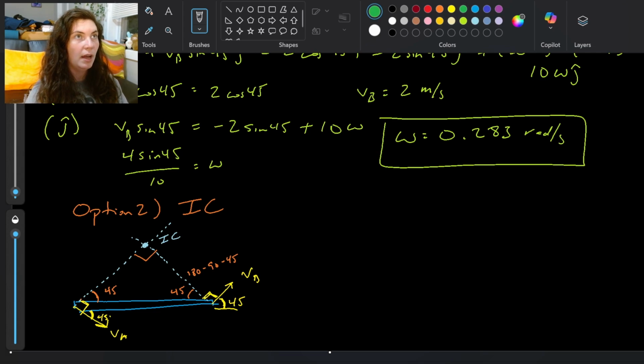Because I know that my position vector from IC to B, so here's r of B with respect to IC, and here is r of A with respect to IC. And when I do this instantaneous centers of zero velocity, I can just do it in these scalar methods.